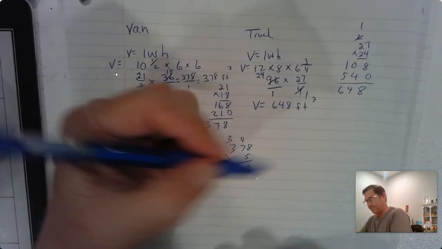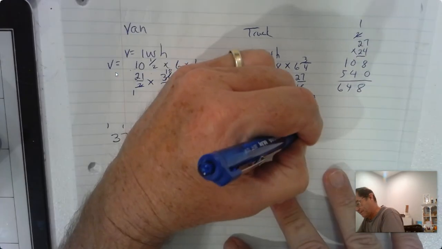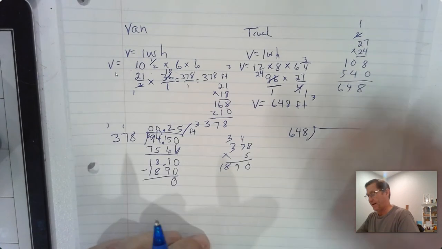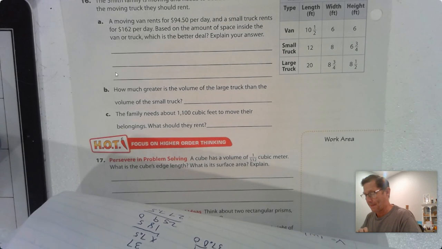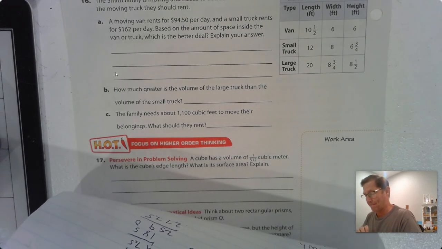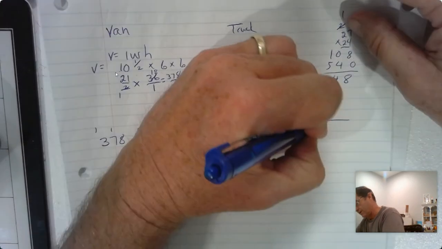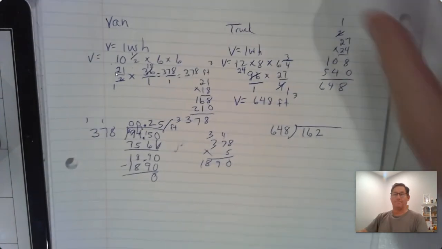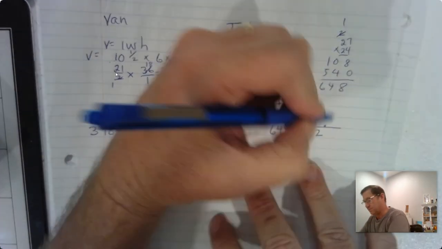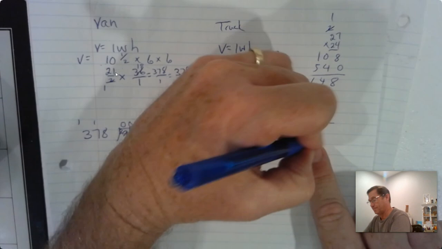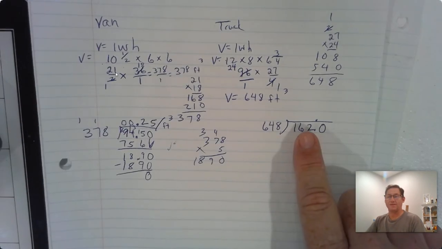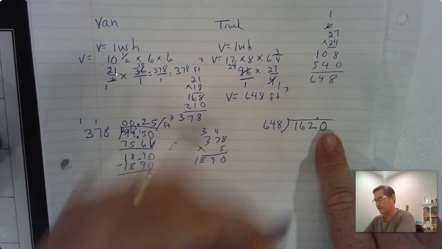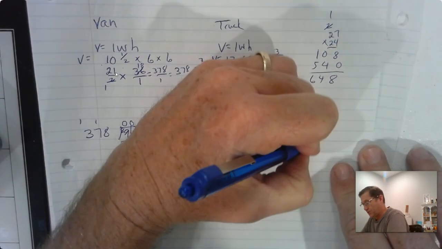The truck, 648 cubic feet, and it will cost the family $162 per day. All right. So we know that there's a decimal point after this 2. We're going to add a 0 because 648 cannot be taken from 162. There's going to be about 2 of those.